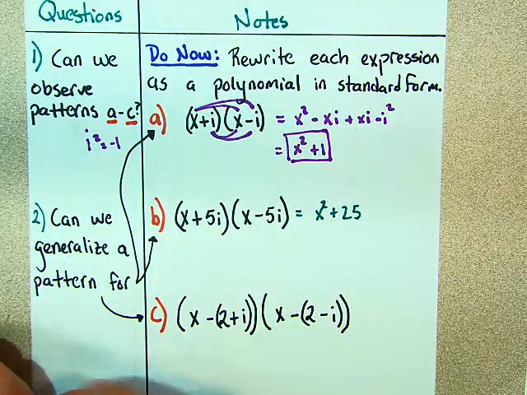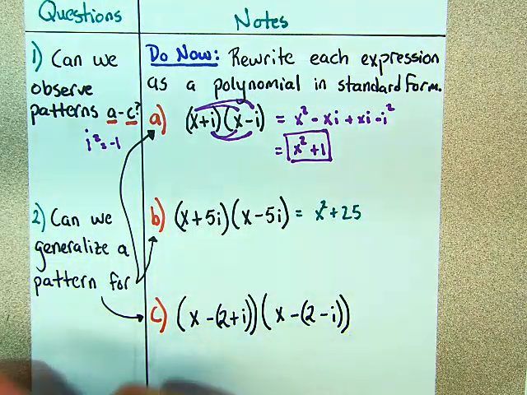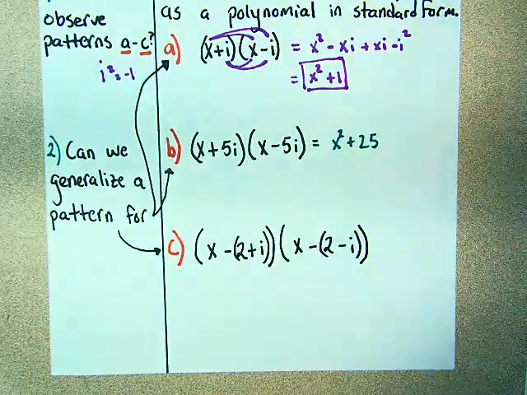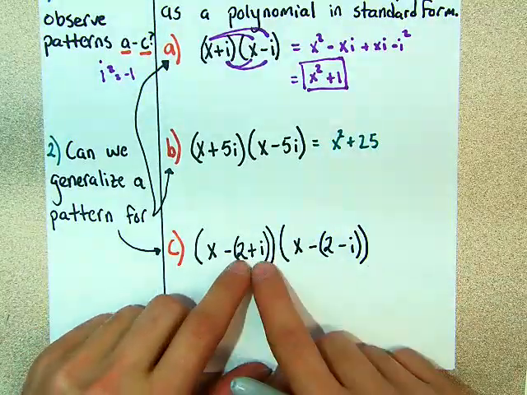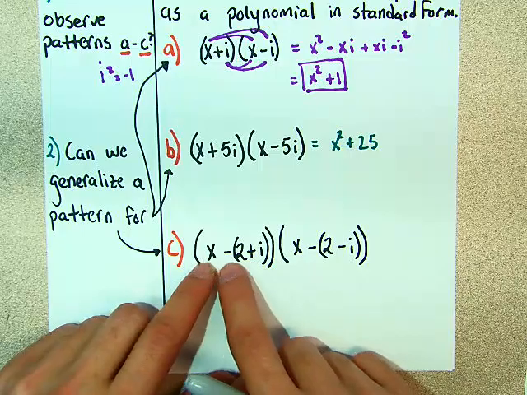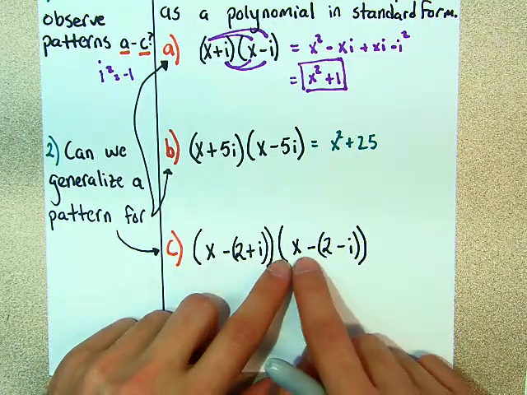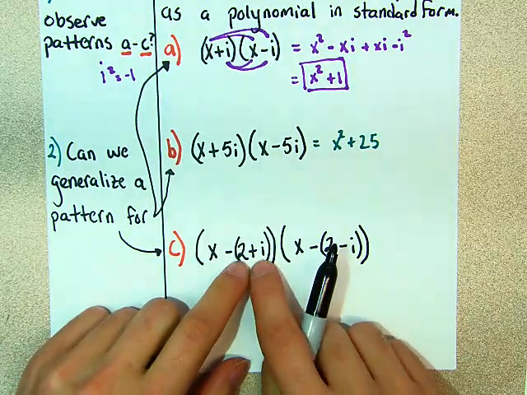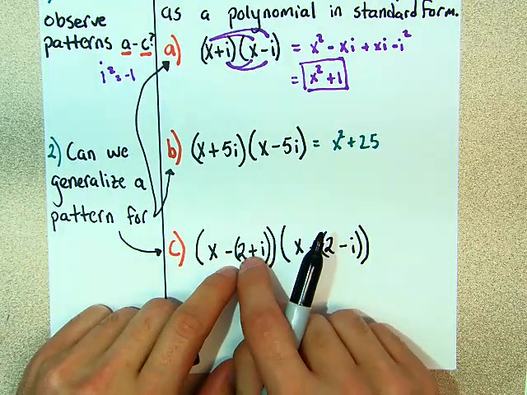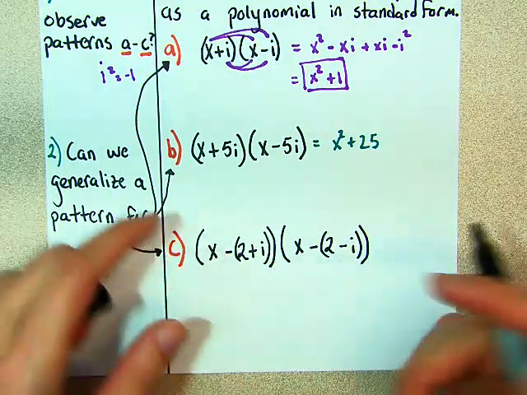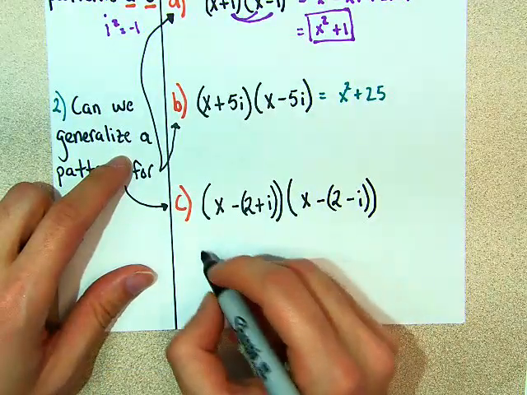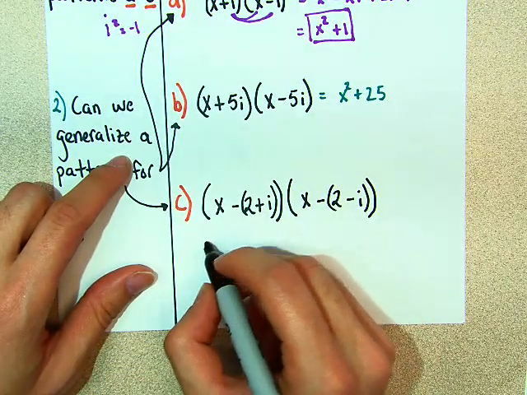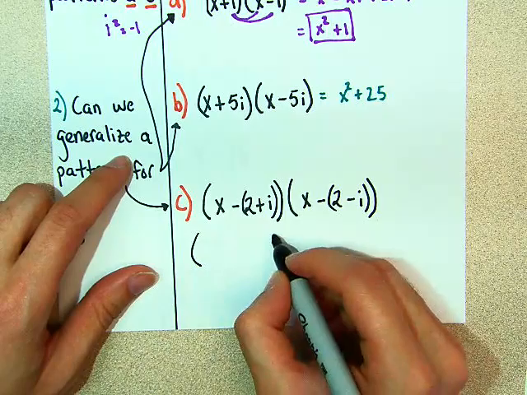And now next one over here, let's try and do this one. If we look at this polynomial expression, here it says x minus 2 plus i, here x minus 2 minus i. And here, let's see, can we do anything in the parentheses? Can we add 2 plus i and 2 minus i? You can't. So what you could do here is have it look like this.